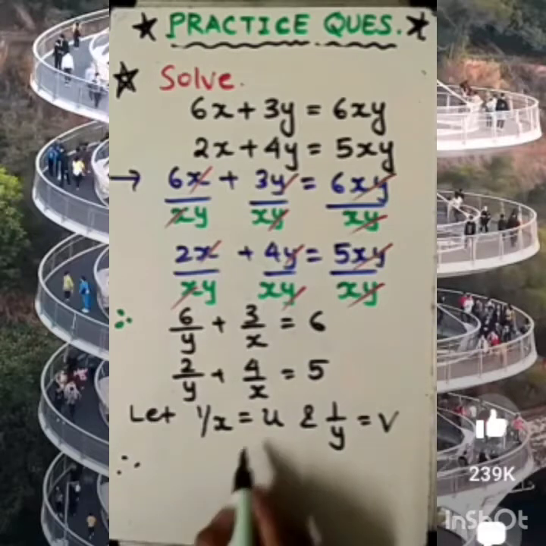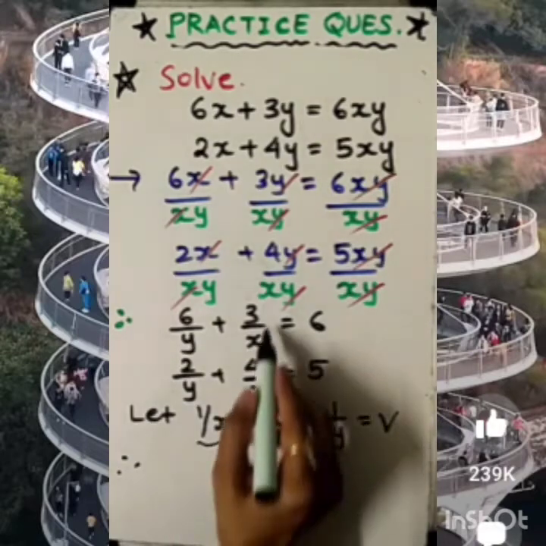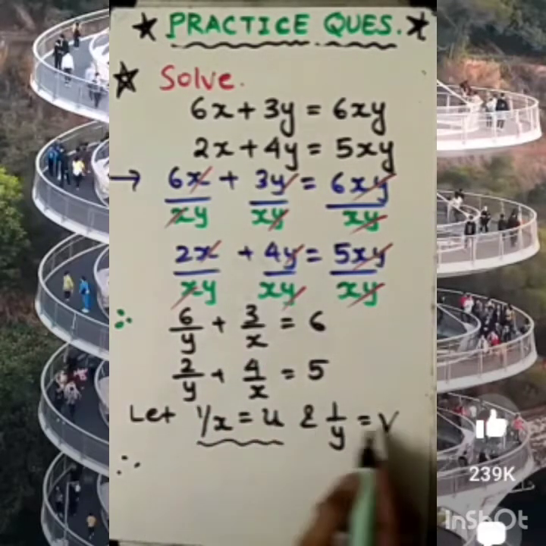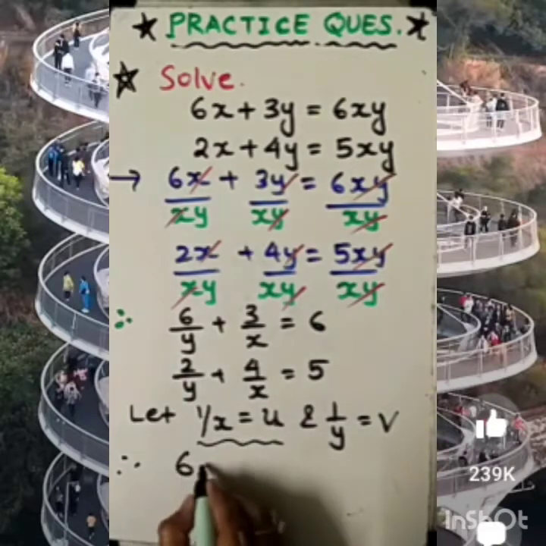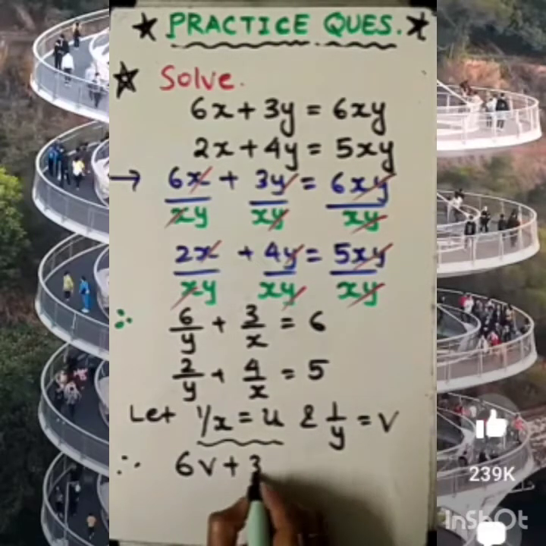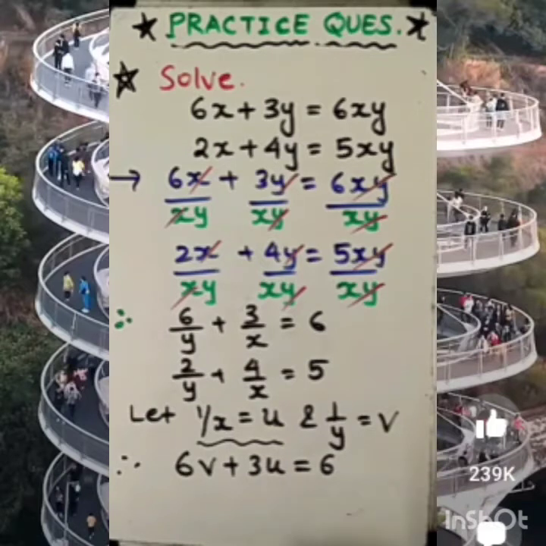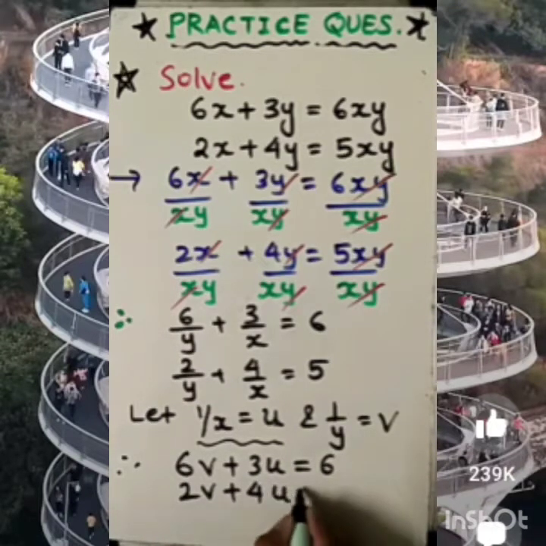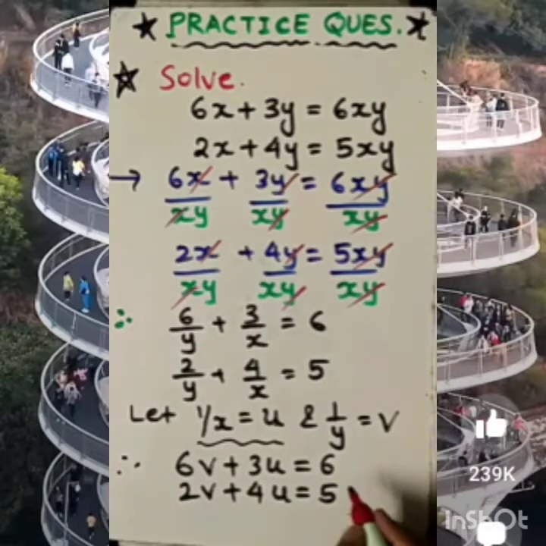Therefore, this 1 upon x equal to u, for this I am assuming u. So first it is v. So I need to mention 6v plus 3u equal to 6 and 2v plus 4u equal to 5. Now they are in the linear form. You can see. So what to do?